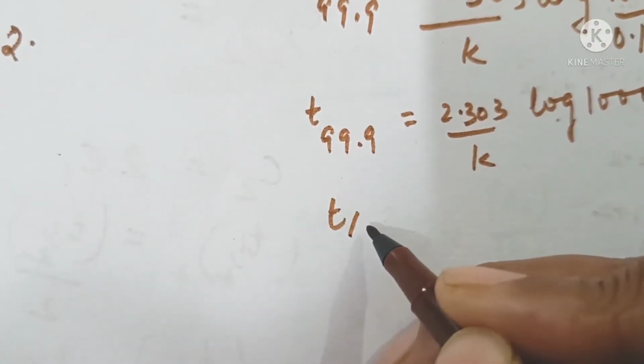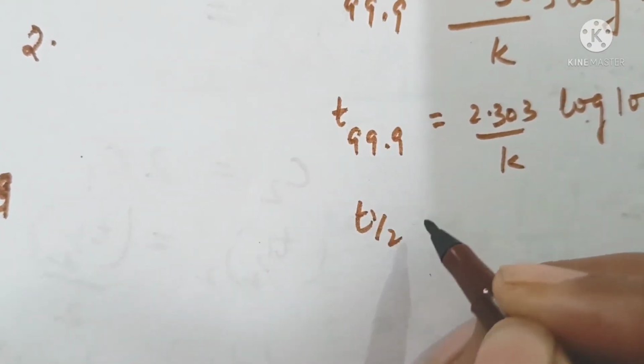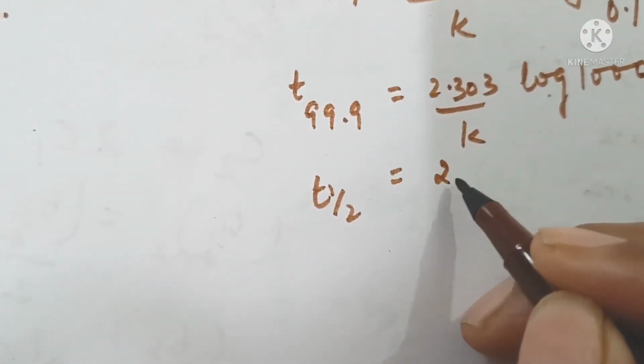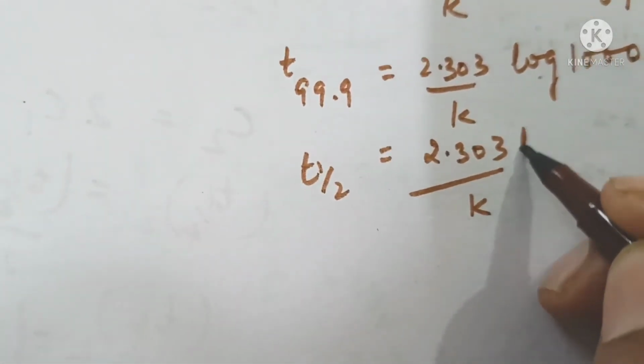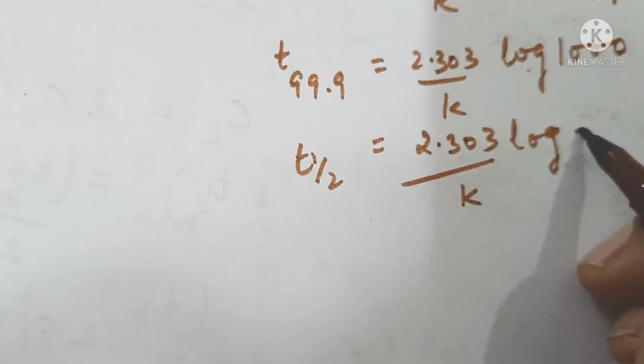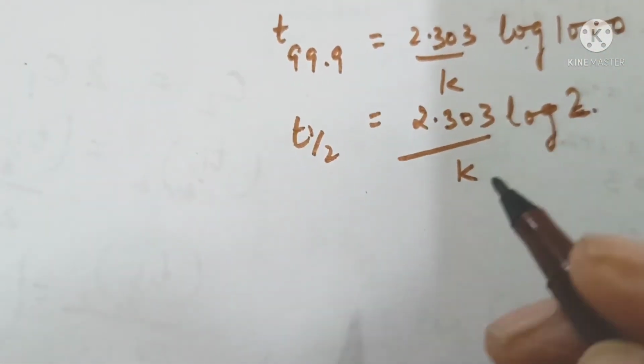For half life T half, that is for 50% of the reaction to complete, T half will be 2.303 upon K log 100 upon 50. Log 100 upon 50 is log 2.